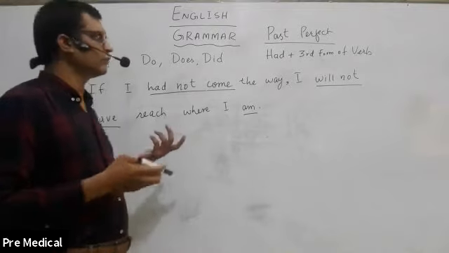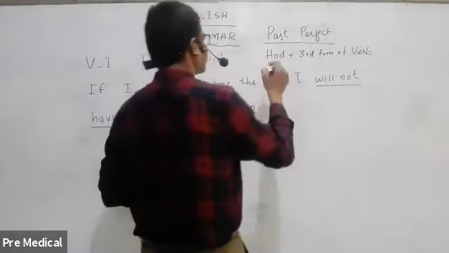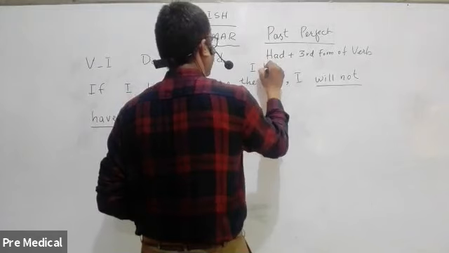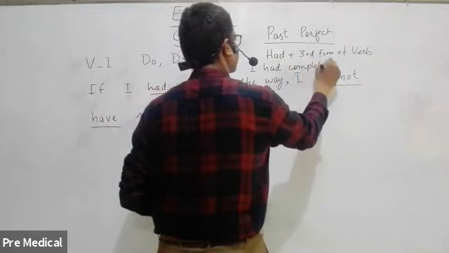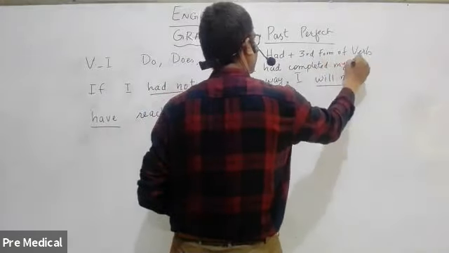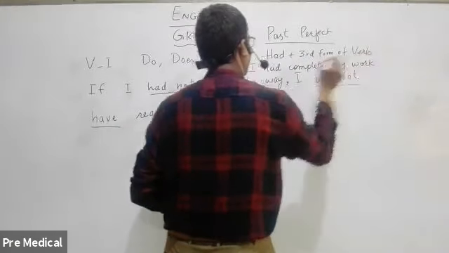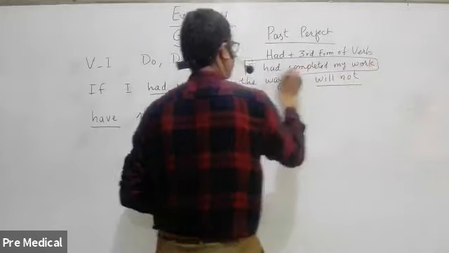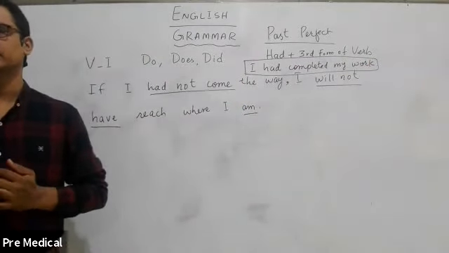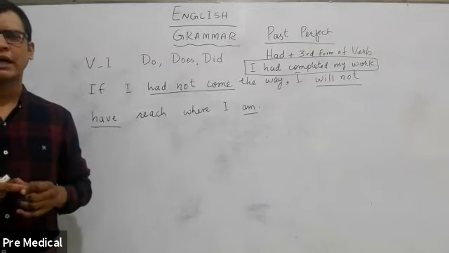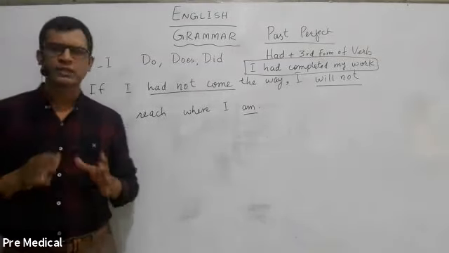One more example could be I had completed my work, for example. The problem with past perfect is that we cannot identify past perfect just by one sentence.